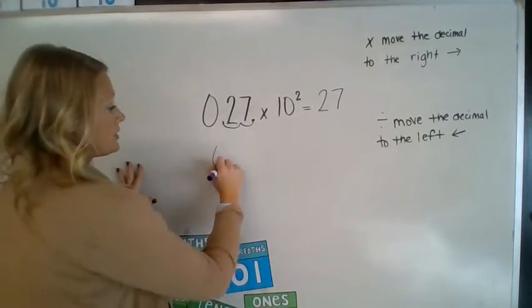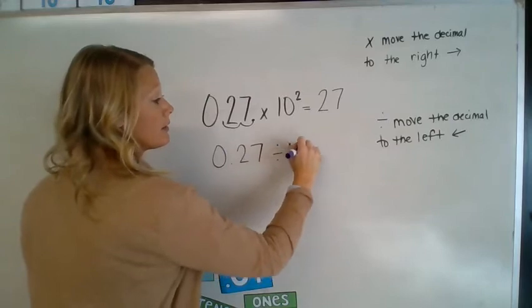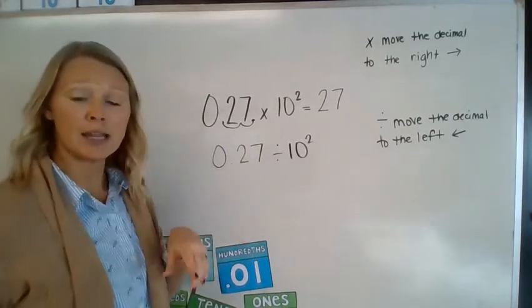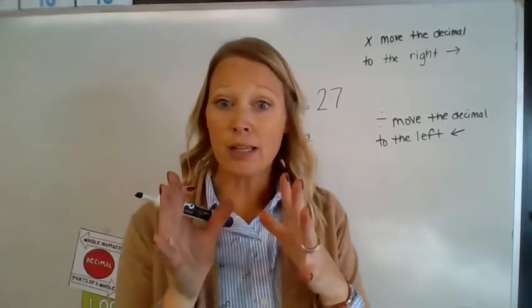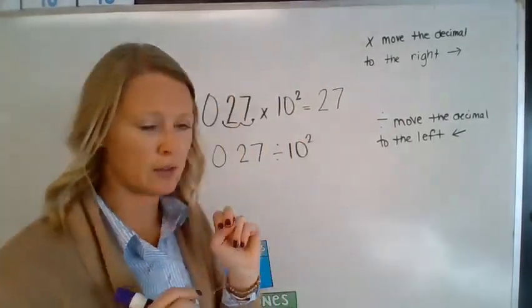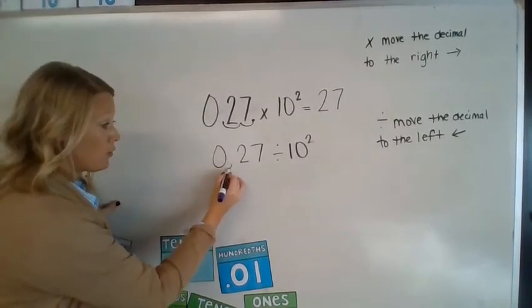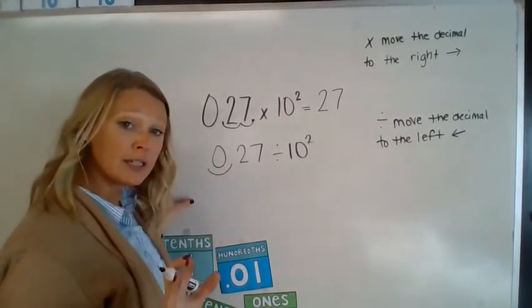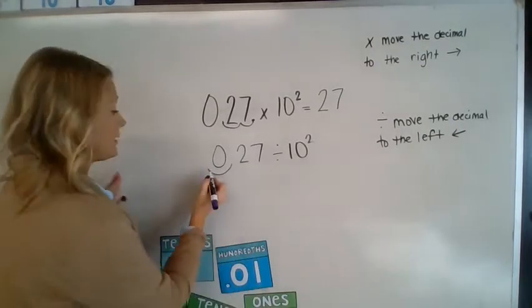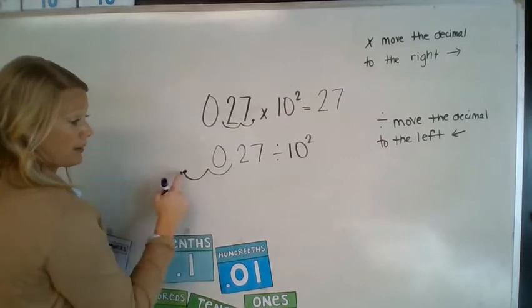Now, if I was to do this same problem, but divide by 10 to the second, so now my number is going to get smaller. The decimal is going to move to the left, 2 place values. So I start here, and I'm going to slide over 1 place value. There's already a 0 there, and that can stay there. There's one of my zeros. And I'm going to move it another place value. I'm going to make my decimal.